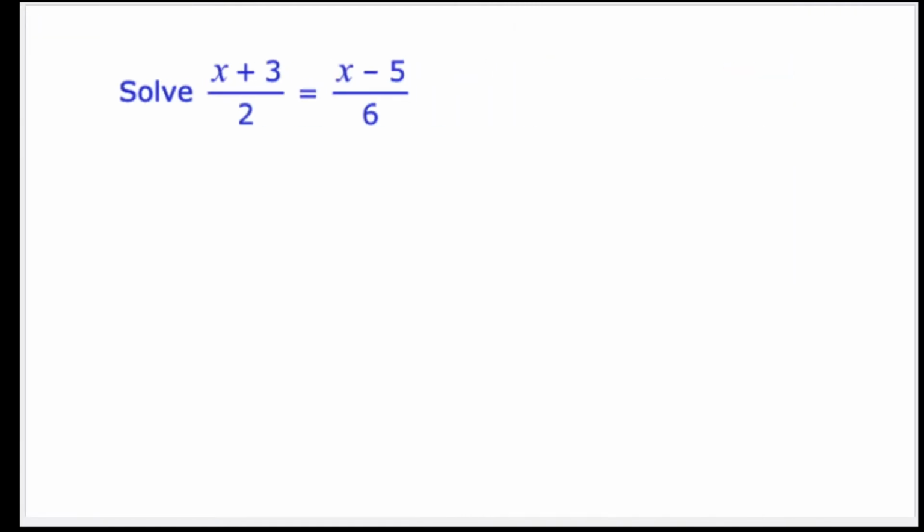This one here, we've got fractions on both sides. I'm going to show you different ways to do this. So I'm going to times by 2 on both sides to get rid of divide by 2.